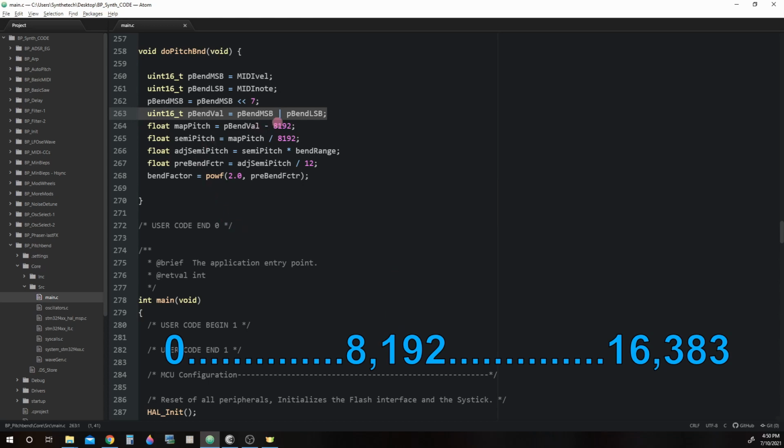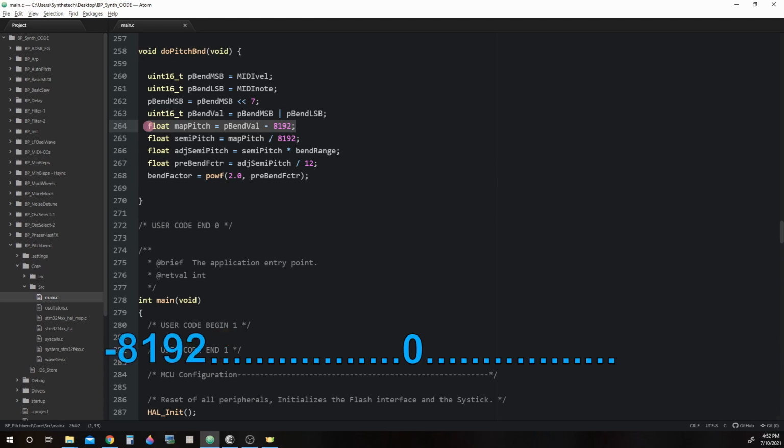So when we do float mat pitch equals p-bend val minus 8192, what we are doing is remapping the value of p-bend val so that the center value becomes 0 instead of 8192. If p-bend val is less than 8192, we'll end up with a negative value. If it's greater than 8192, we will end up with a positive value.